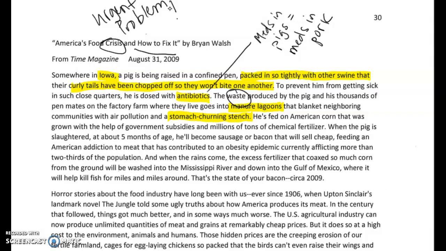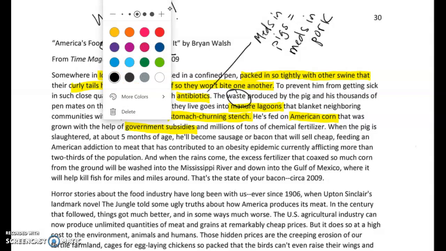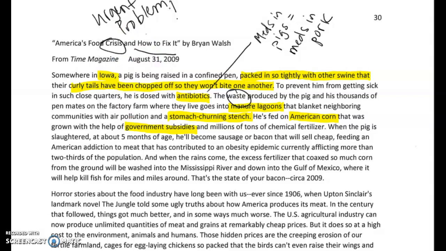He is fed on American corn that was grown with the help of government subsidies. Okay, American corn, government subsidies. I'm going to go ahead and define that. That's a word that I want to definitely look up. Sorry guys, I'm just learning how to use my pen.